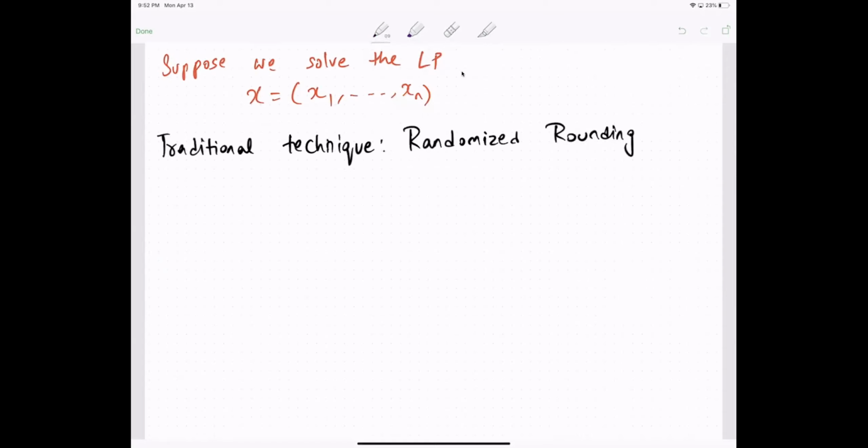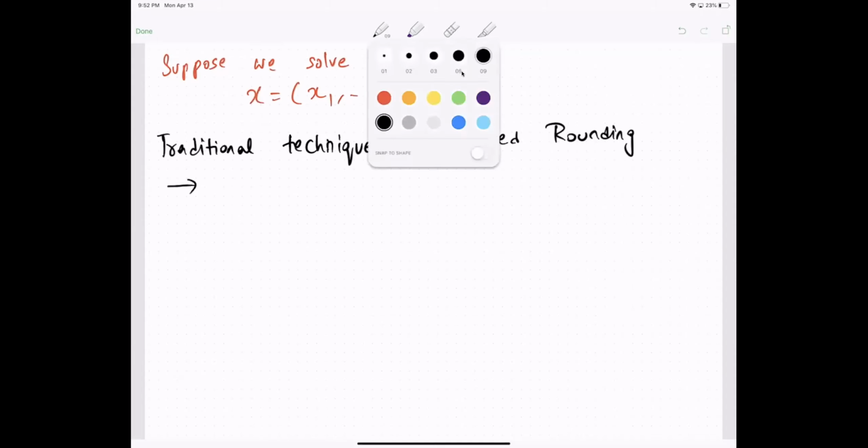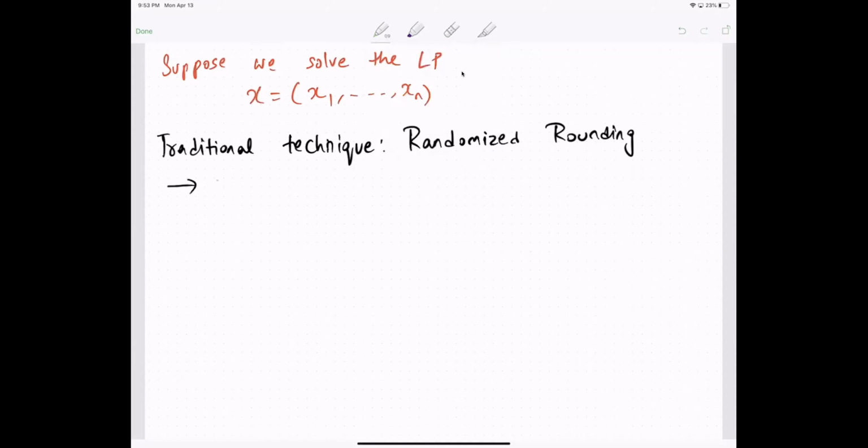So what does that mean? It means sample each interval with probability xi. Okay.